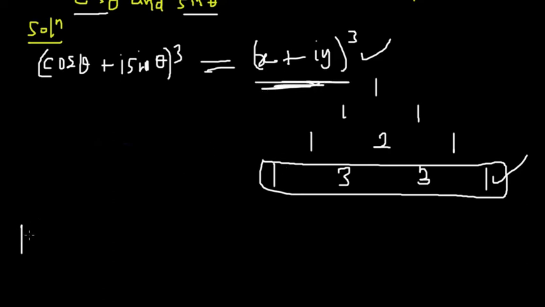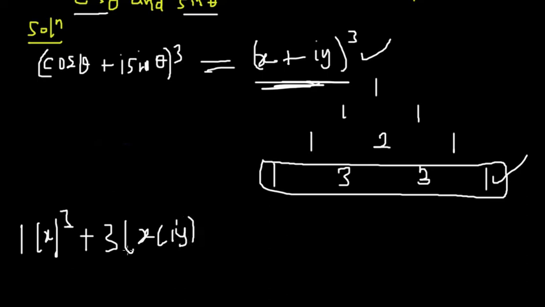So 1, and then we have x. You first raise it to the power 3, plus this 3. And then you multiply this one with this one, so you have x multiplied by iy.